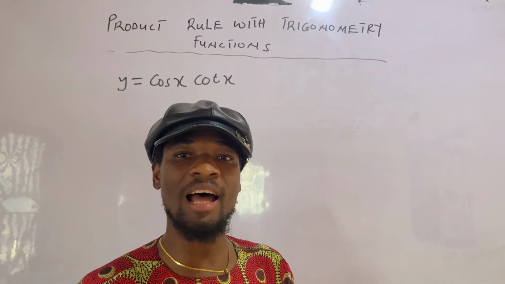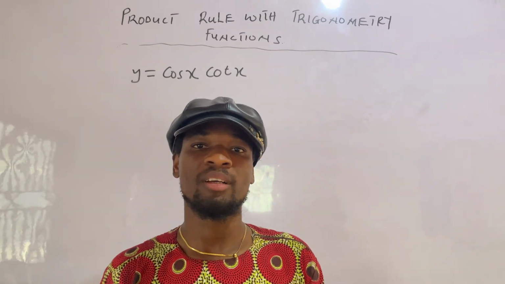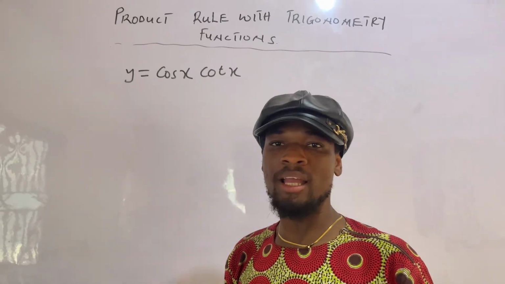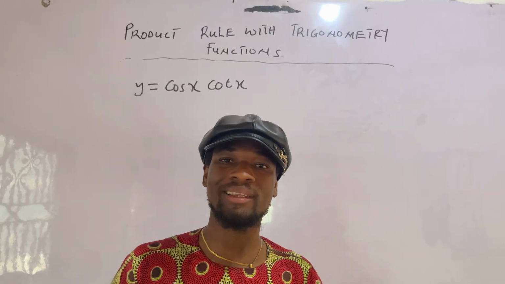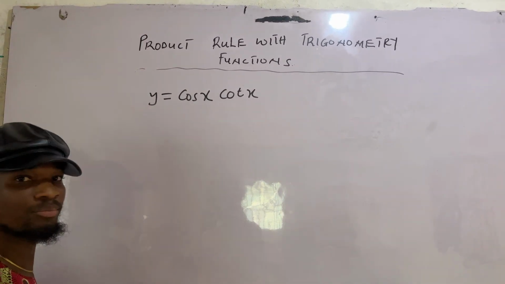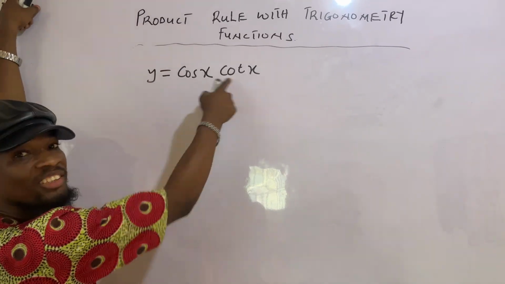Okay, considering the last question. Differentiate with respect to x, given that y is equal to cos x times cot x. Cot here is just cotangent, and cos is the cosine function. So what do we know? We have two functions multiplying.